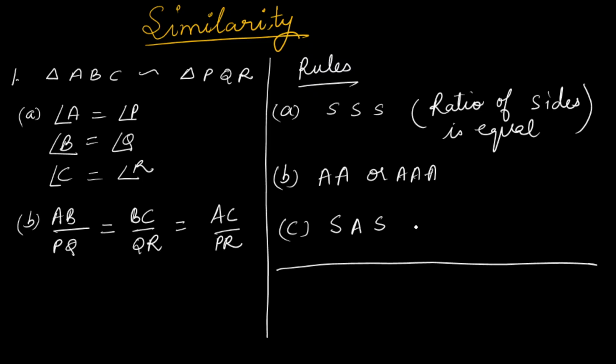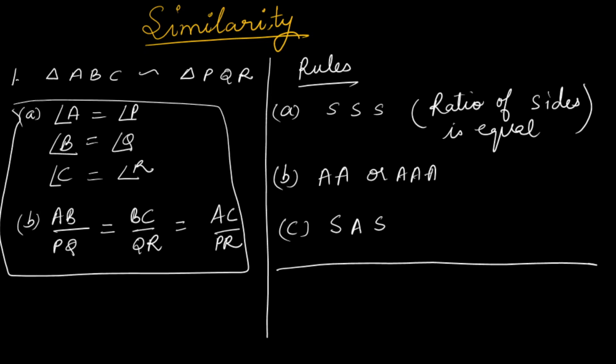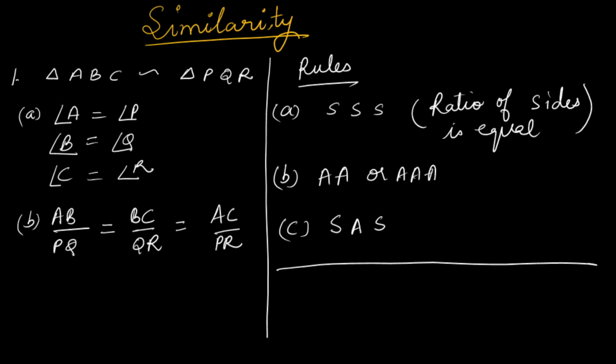Three rules are there to prove the similarity of two triangles, and if two triangles are similar, corresponding angles will be equal and the ratio of the corresponding sides will also be equal. Okay, let's start the questions now.